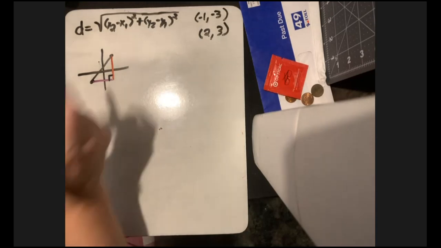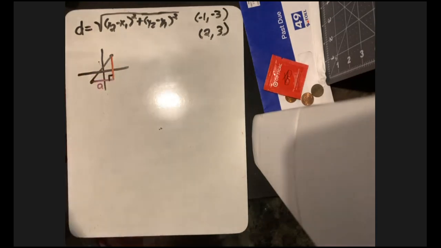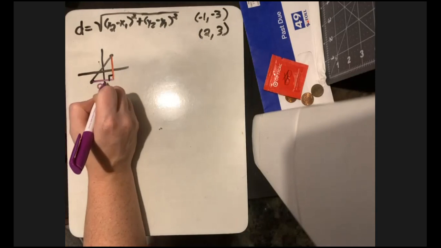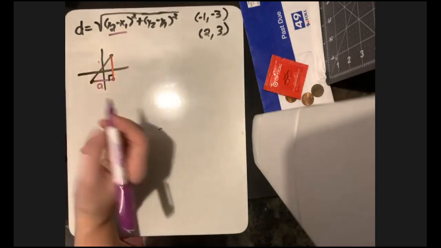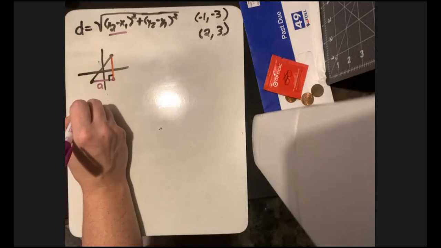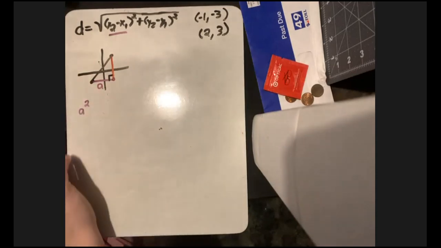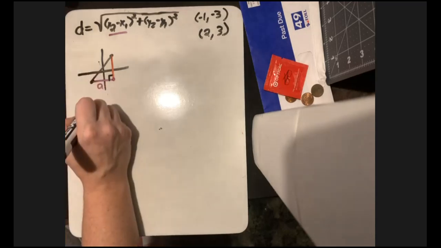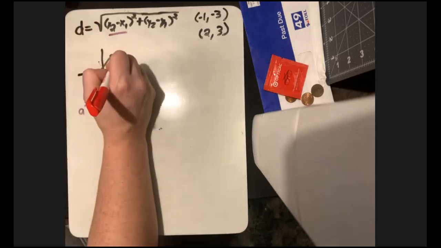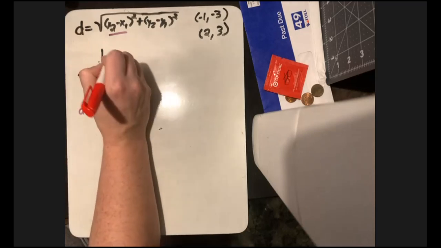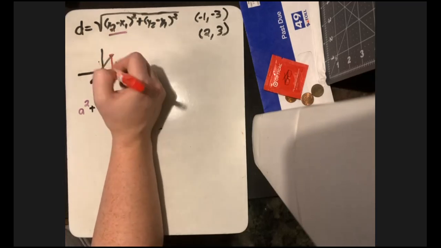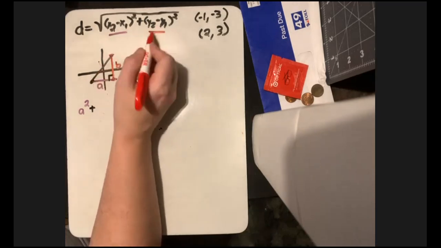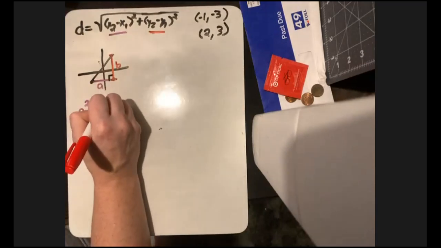So if we're going to call this down here A, the way that I would do this is I can either count the number of squares or I could subtract these two x values from each other. Notice that's what's here. So we would have A, which came from a subtraction, squared. Now if I played the same game with the y's, I'm going to call that B. I could count the number of squares, or I could subtract the y values, hence what they're doing here, and then I would have to square that.